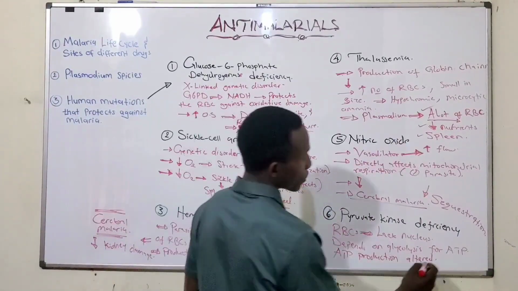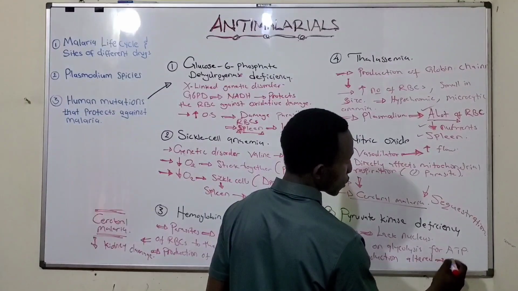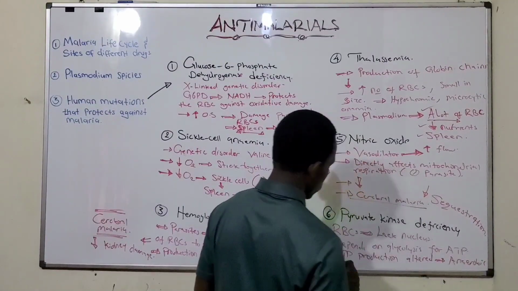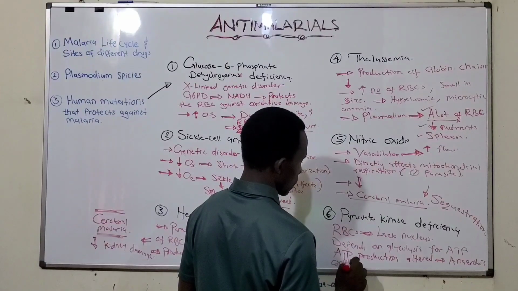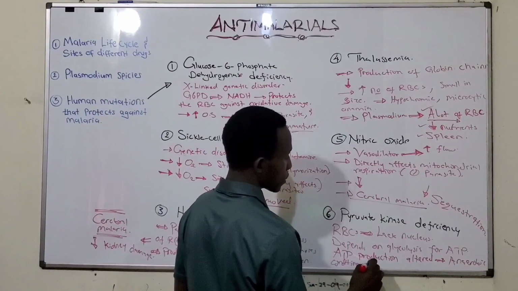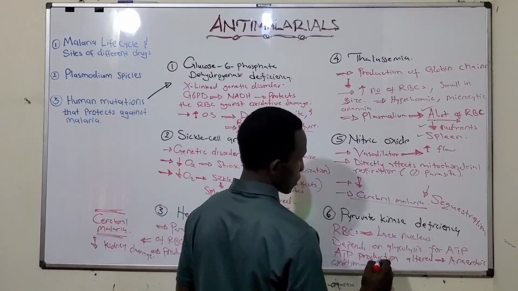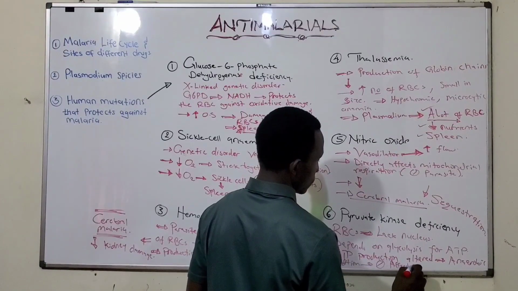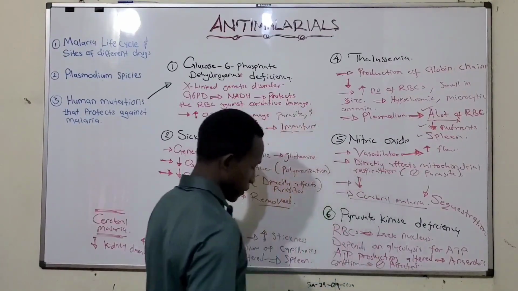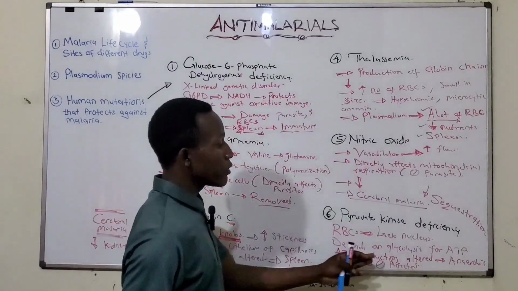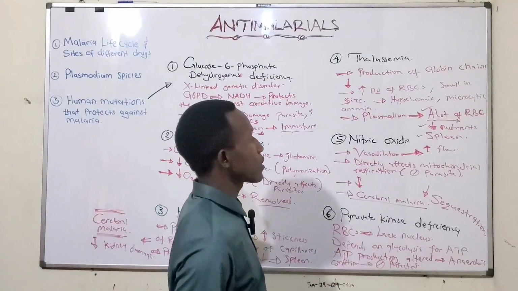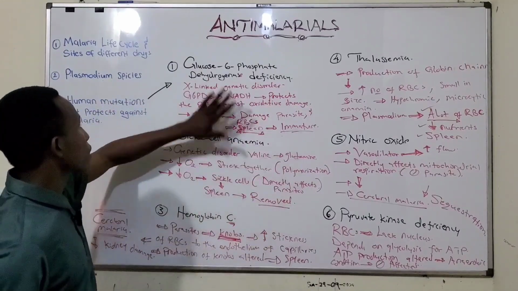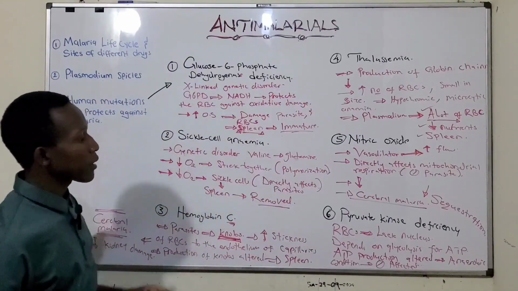Of course, this will lead to an anaerobic condition, and this will directly affect the parasite. And again, the damaged red blood cells are cleared by the spleen. So that's how these mechanisms protect against malaria.